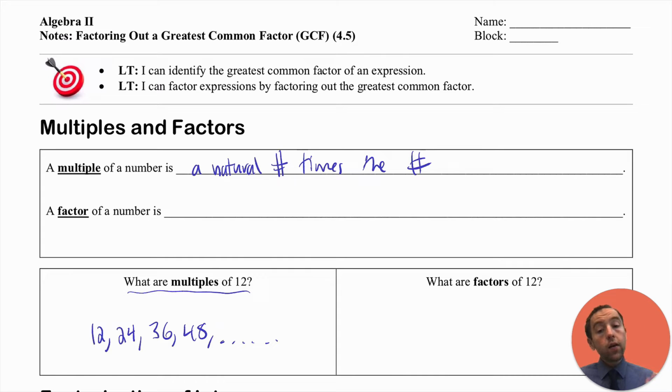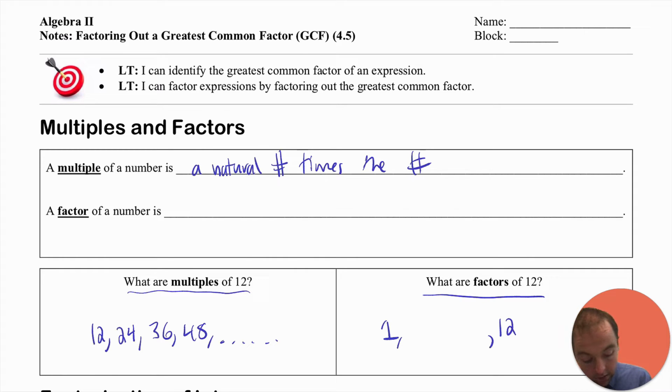If we're trying to find factors of a number, it's basically the reverse, in that they are going to be numbers that are smaller or equal to that can multiply by a natural number to equal that particular number. Or in other words, you're able to divide by the factors and not have a remainder. So for example, factors of 12 include the number 1, because you can do 1 times 12, and then of course 12 has to be a factor as well.